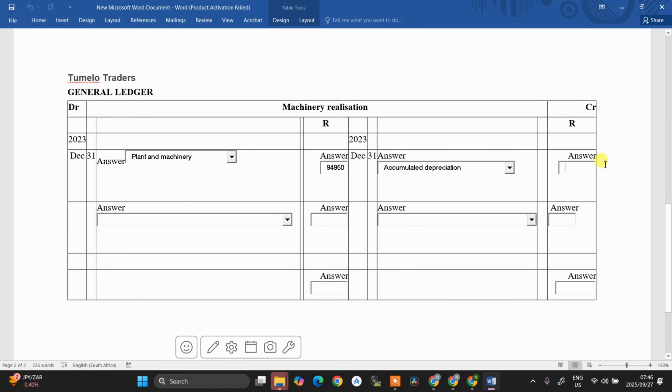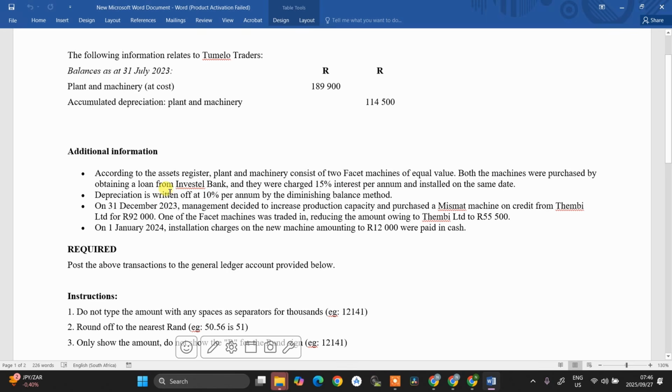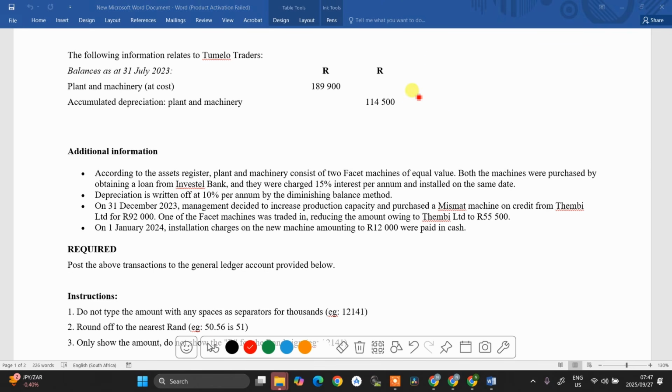Okay, to get the accumulated depreciation, we must use the information given in this question. The first step is to first get the accumulated depreciation at the beginning of the financial year. Okay, so the accumulated depreciation in this case is going to be, remember, we are interested in the accumulated depreciation for one of the machines.